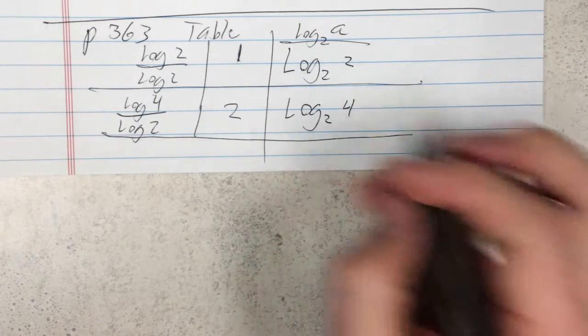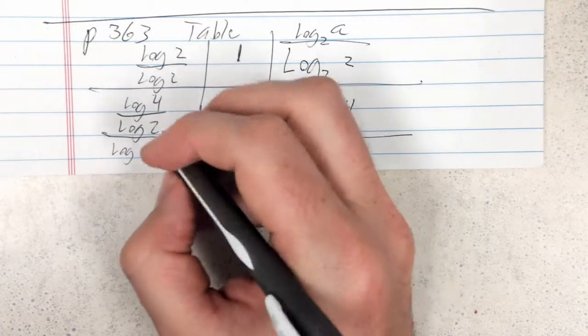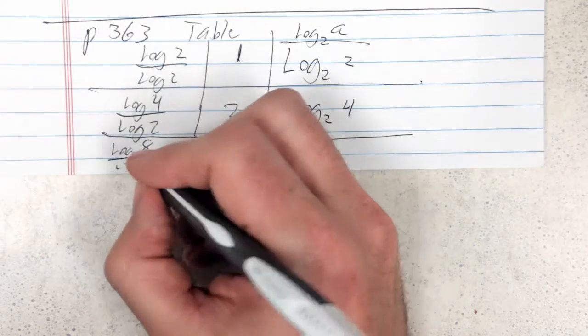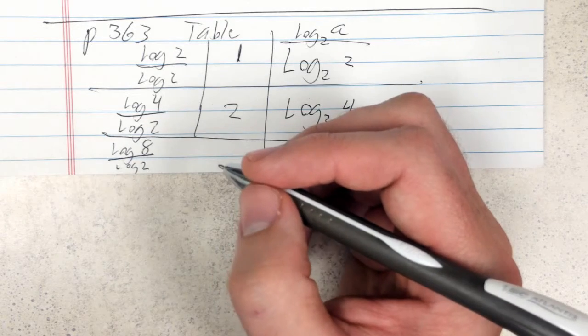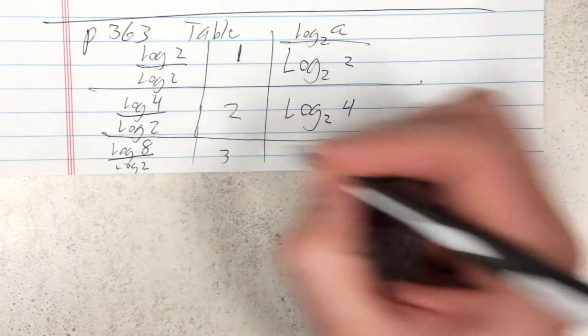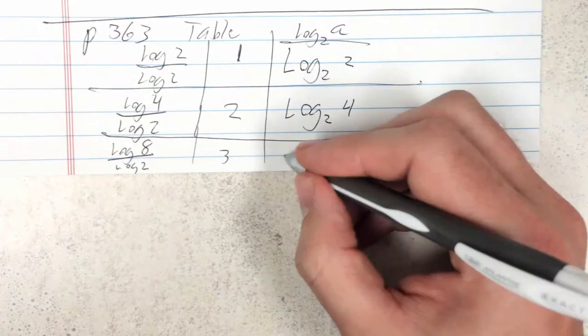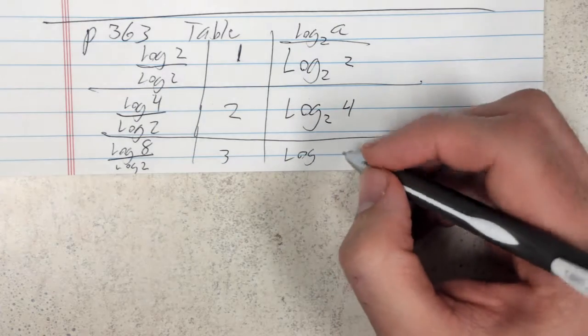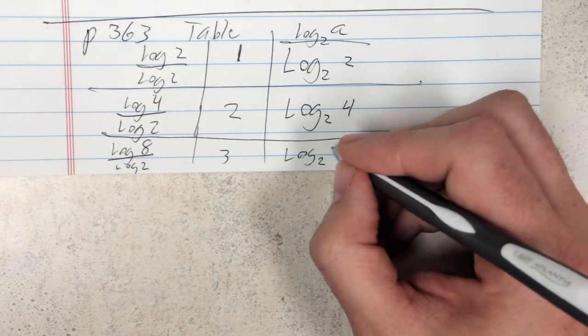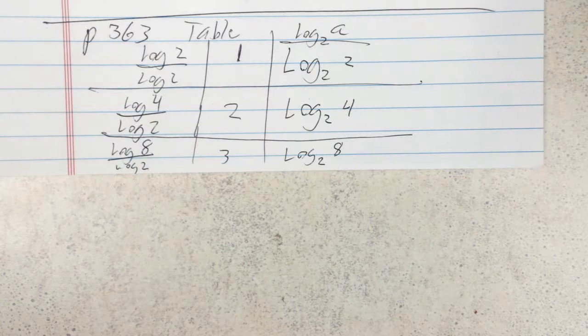Try the next one. Log of 8 divided by log of 2. The numerical value, when we actually do that out, should give us 3. And so log base 2 of 8.